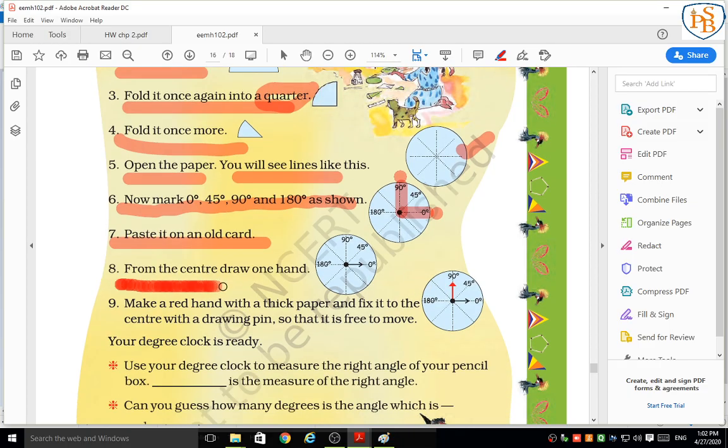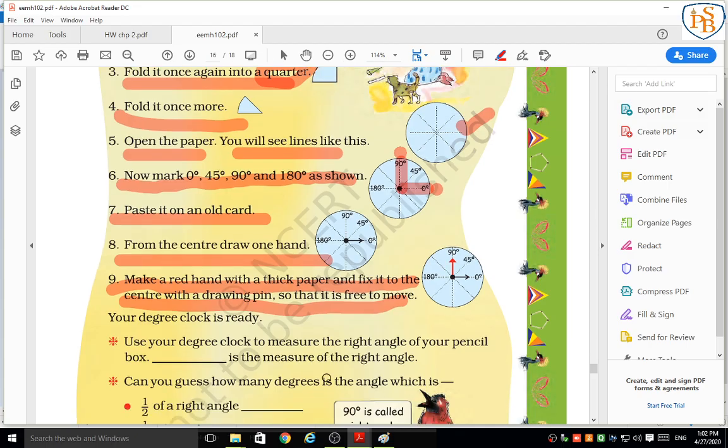Then from the center draw one hand. Make a red hand with a thick paper and fix it to the center with a drawing pin so that it is free to move. Here we want just the hand and just pin it so that we can move this hand. It's free to move.